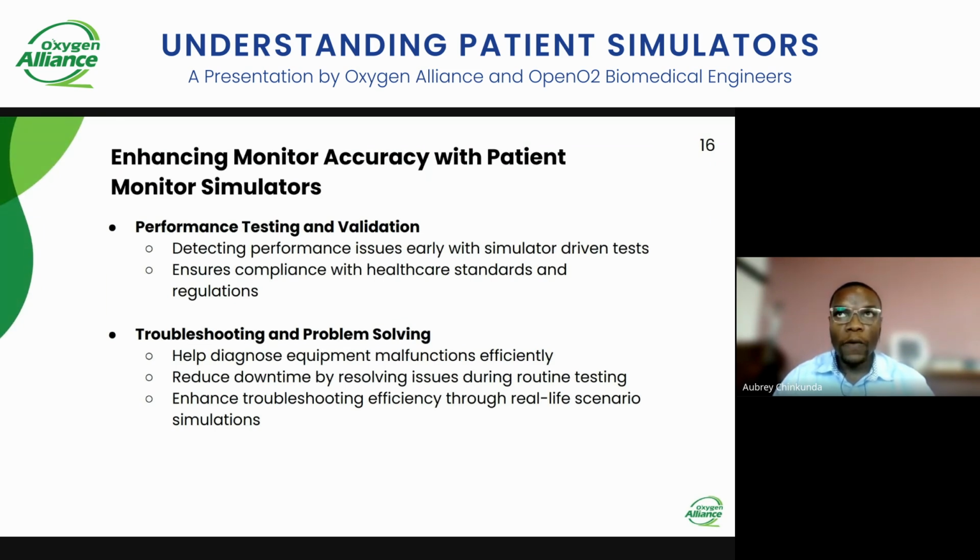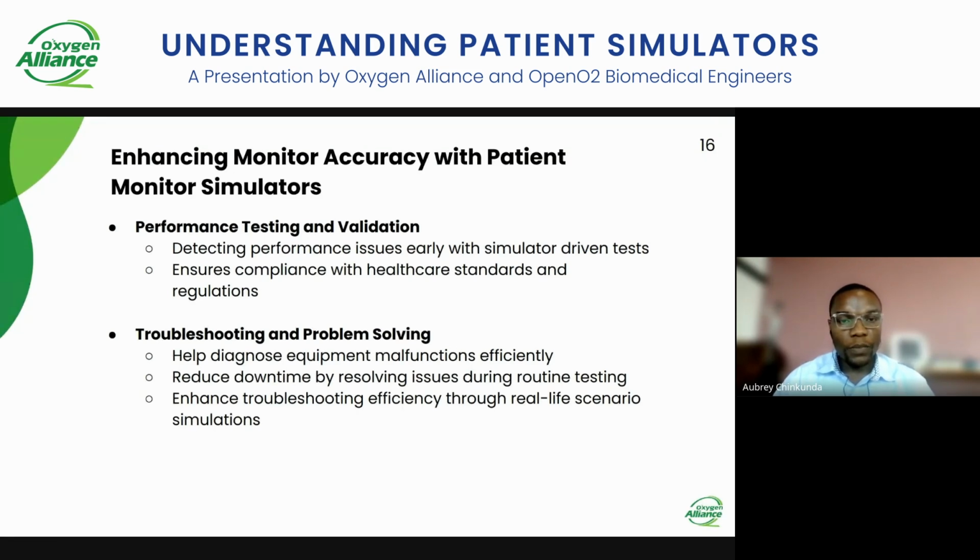That will help you validate that the monitoring device is actually working in each scenario. And while conducting these performance tests, you ensure that the monitoring devices are really staying compliant to the health standards and regulations, which is very important to ensure that you are delivering the appropriate services to the patients.